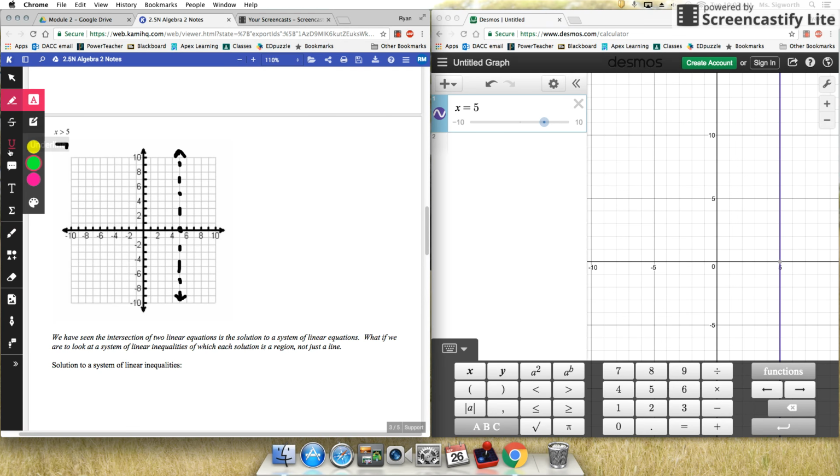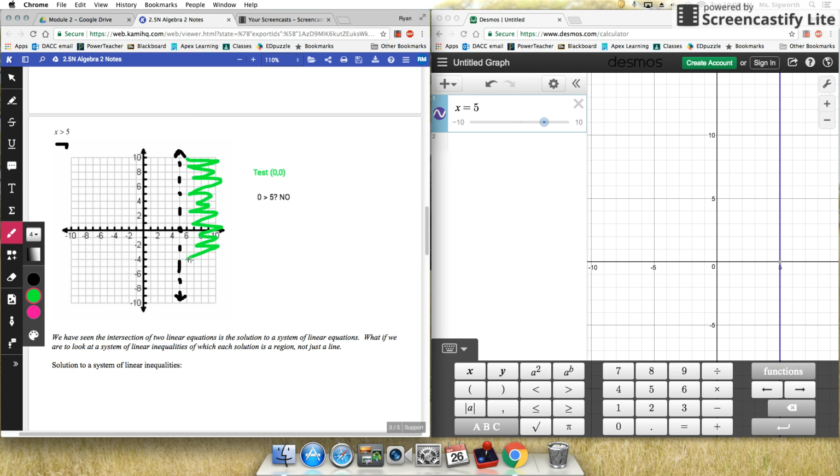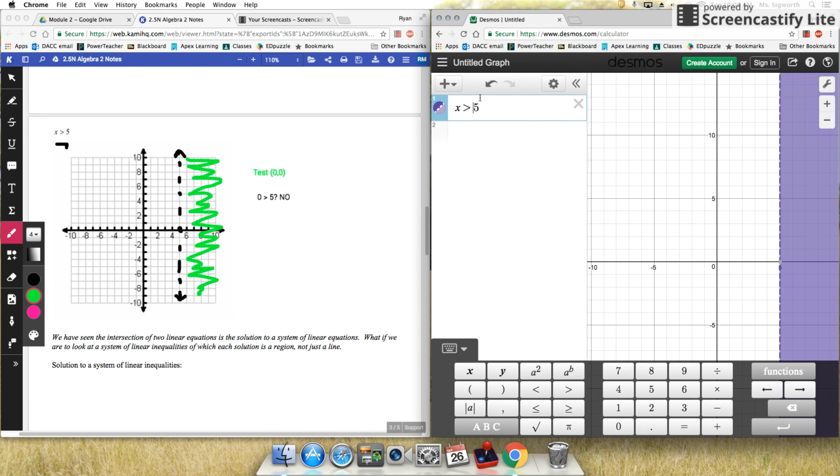Well, again, if I test 0, 0, is 0 greater than 5? No. That means all our solutions must lie on the other side, which would be the right side of the line, the side that doesn't include 0, 0. And I can double check that over here. There we go. It matches.